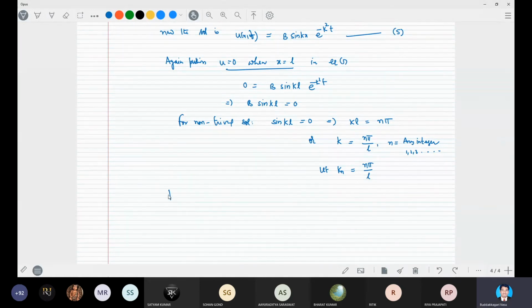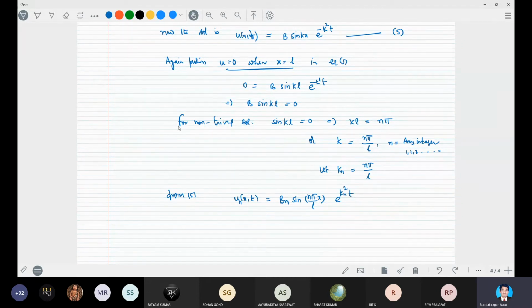Now from equation 5 you can write this. It results in n solutions, so u_n may be taken as the nth solution, say u_n = b_n sin(kx), where k means nπ/L, into x, into e^(-k²t).